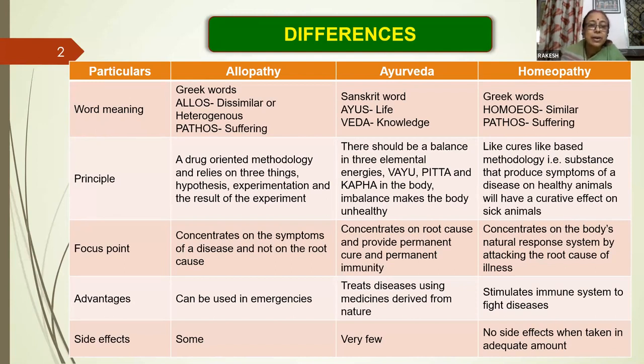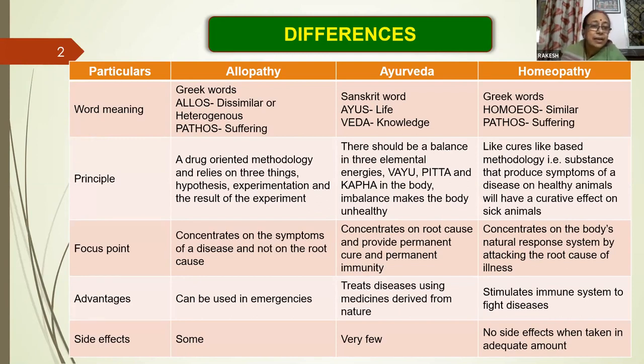Whereas in allopathy, the treatment duration is quick. You can get the result in 3 to 5 days. Homeopathy concentrates on the body's natural response system by attacking the root cause of the illness. So it will aggravate the symptoms first, then slowly the response will be seen.